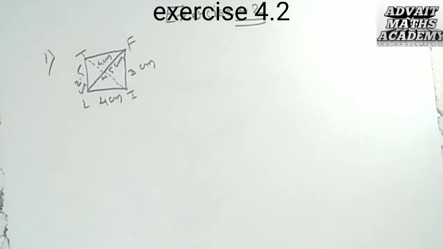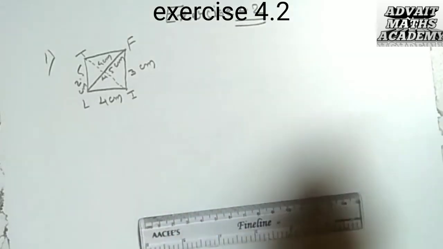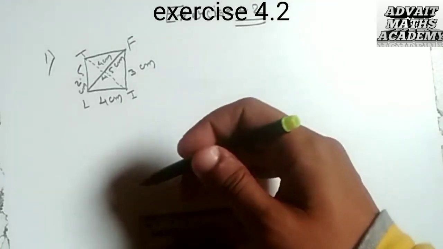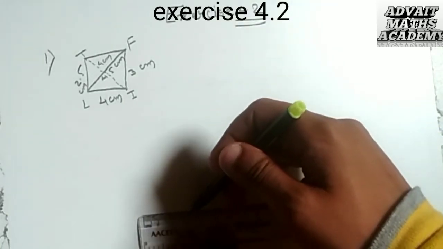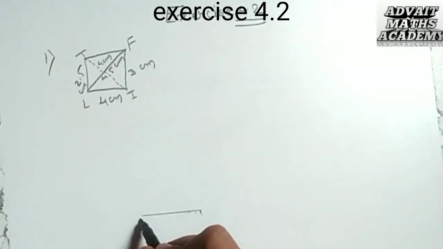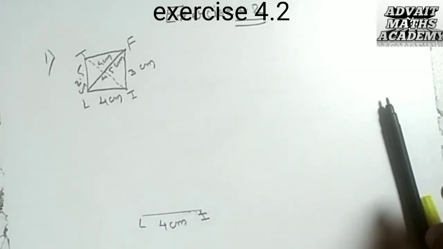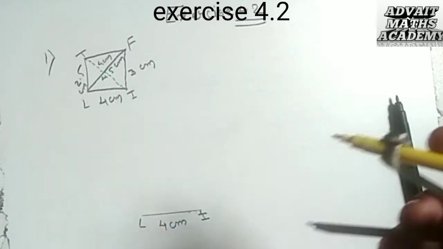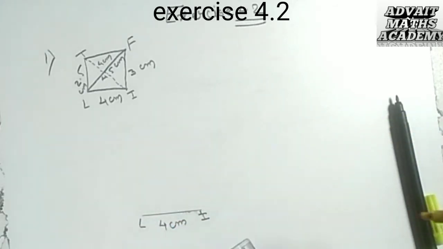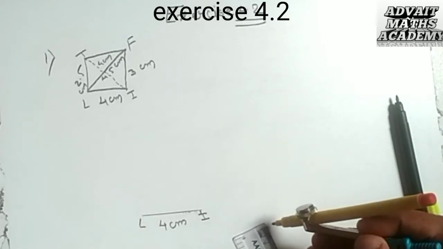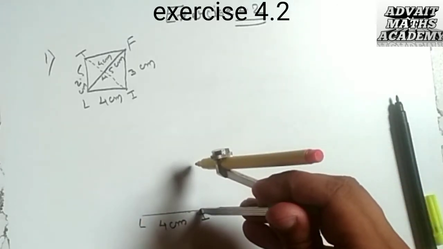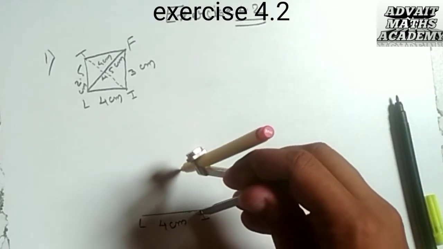First draw the base LI, that is 4 centimeter. Then take a distance in compass, 3 centimeter. Make the arc here.